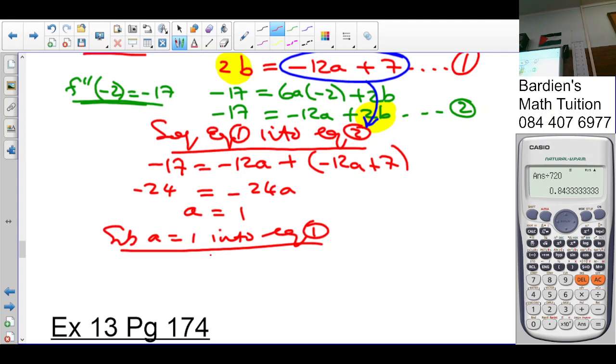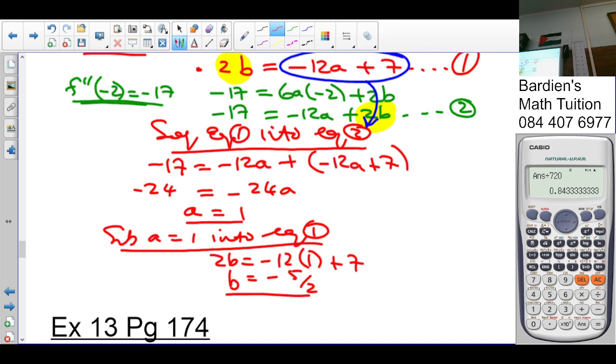So 2b is equal to negative 12 times 1 plus 7. Negative 12 plus 7 is negative 5. Divided by 2 is negative 5 over 2. Is that correct? Check there if the answer is correct. That's your a and that's your b.